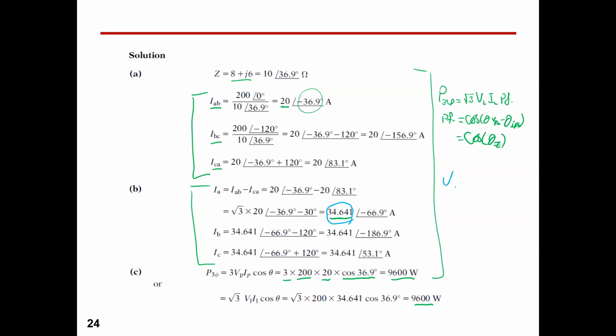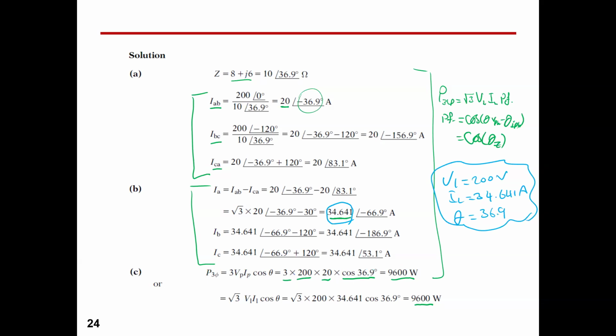So we have V line equals 200 volts and I line equals 34.641 ampere. And you know that theta is the power factor angle of the impedance we have right here, which is 36.9. So theta equals 36.9. These are the three values we need to calculate the readings.